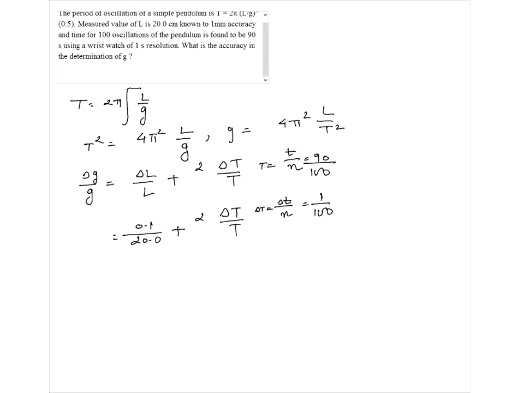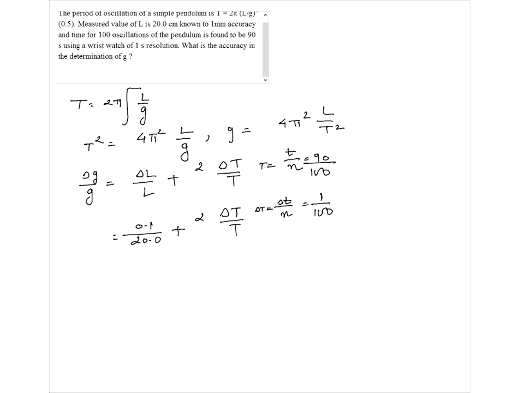You see, for 100 oscillations it is taking 90 seconds. Or let me say for n oscillations it is taking t seconds. So for one oscillation it takes t by n.